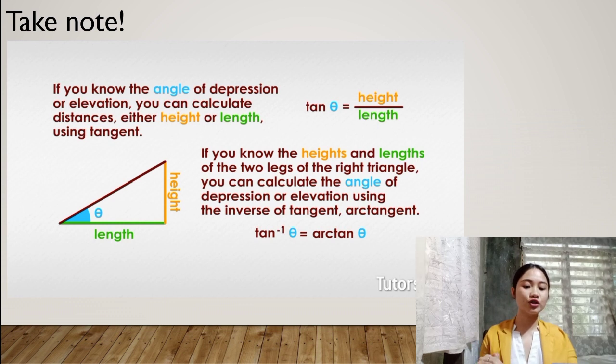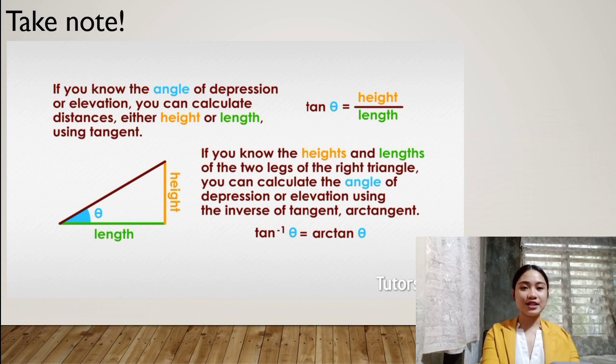I hope we are very clear on the concept of the angle of elevation and depression. When you are looking upward, that is the elevation. On the other hand, when you are looking downward, that is the depression. In solving these two, you have to use the formulas of trigonometric identities, which is SOHCAHTOA.